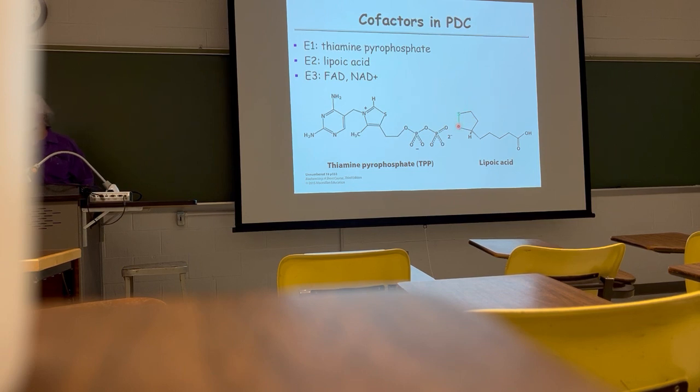And this disulfide bond can open and close, and that's part of the chemistry we're going to talk about. The part of the thiamine pyrophosphate that's involved in the chemistry is this carbon right here in the 5-membered ring between a nitrogen and a sulfur. So we're going to see that the acetyl-CoA is going to be attached there.